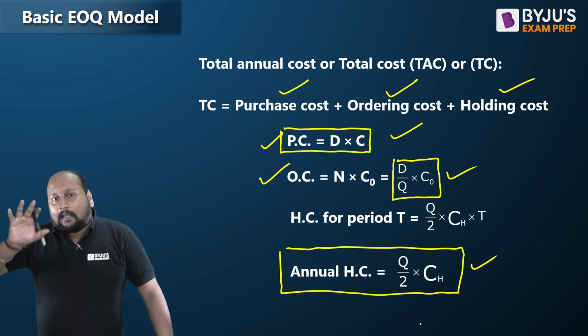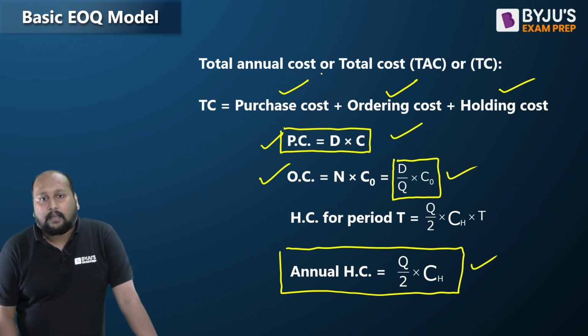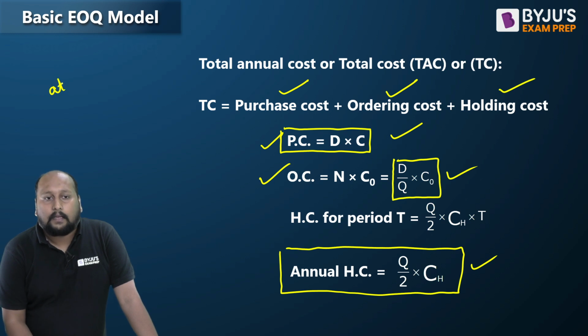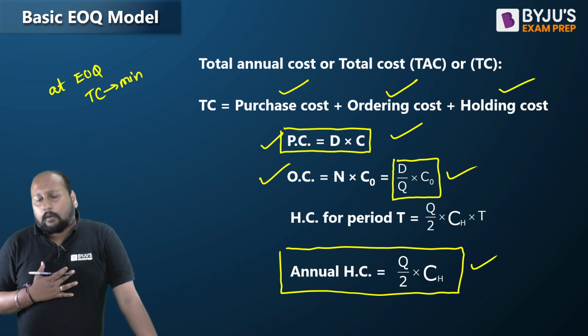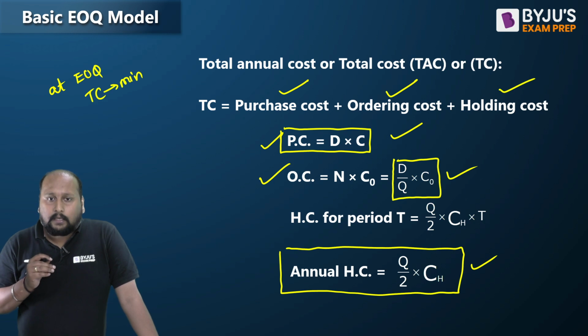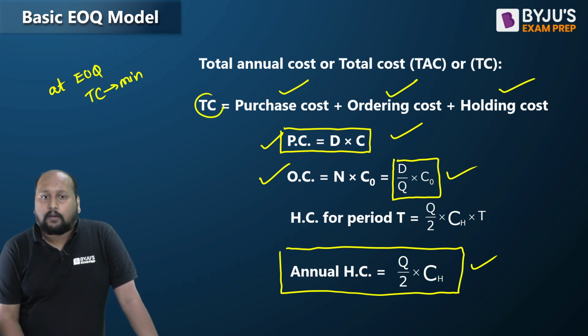But at economic order quantity, the total annual cost should be minimum. So if I want to make this minimum, I need to differentiate this summation of all three costs.